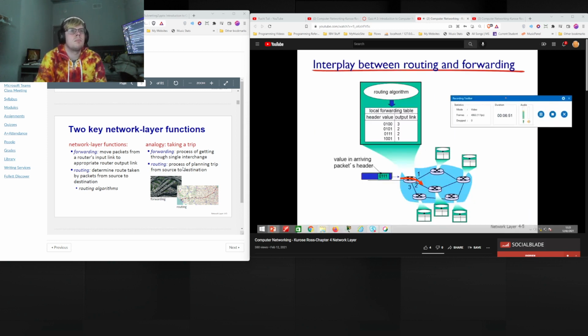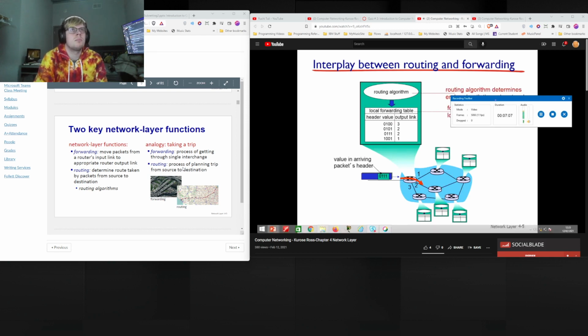For routing, of course, we use routing algorithms. We are going to talk about it later in the slides. So how does the router decide about the forwarding?